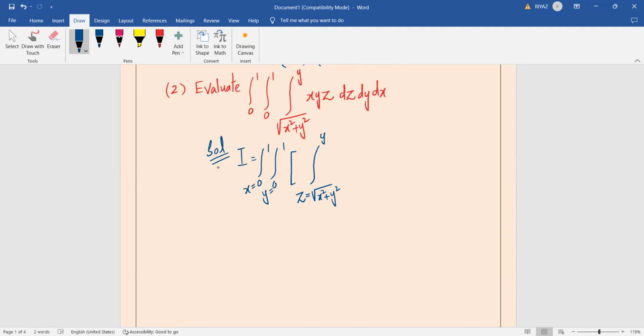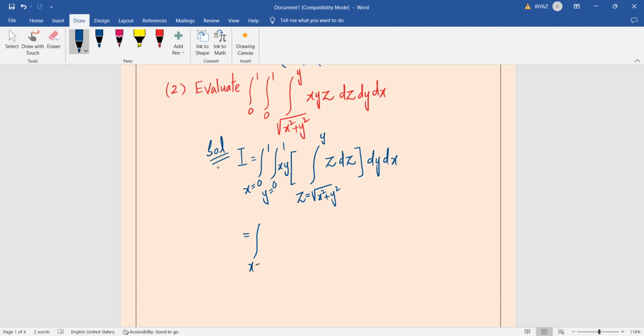You have to mention here, compulsory, z dz, and the rest of the terms which are not containing z, like x and y, we can write here out of that region. Is that clear? dy into dx.